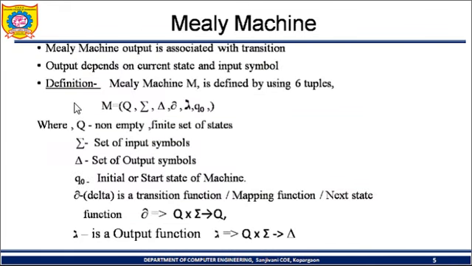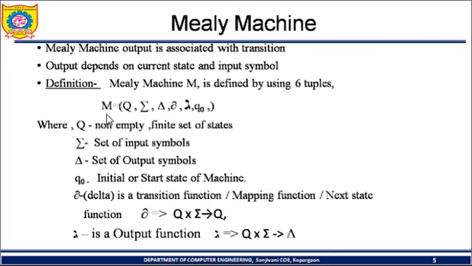Now the definition of the Mealy machine. We know that deterministic finite automata, non-deterministic finite automata, and non-deterministic finite automata with epsilon are all defined by using a five tuple. Now Mealy and Moore machines are defined by using a six tuple.